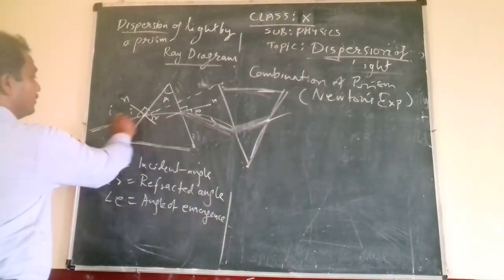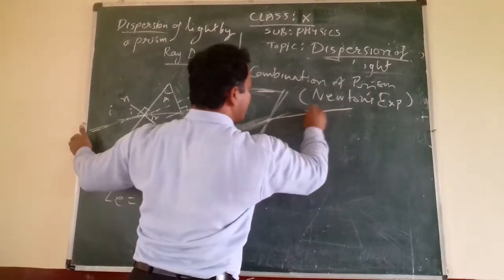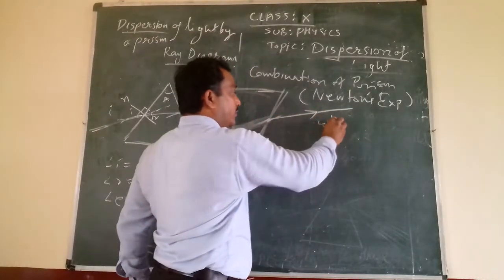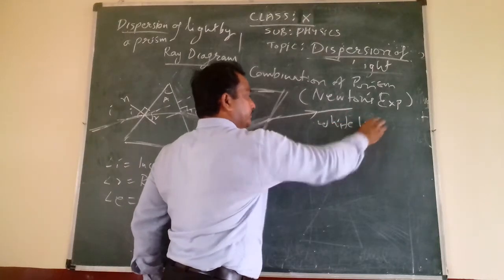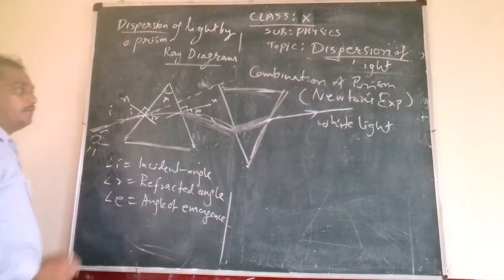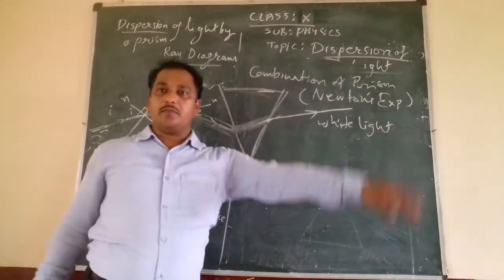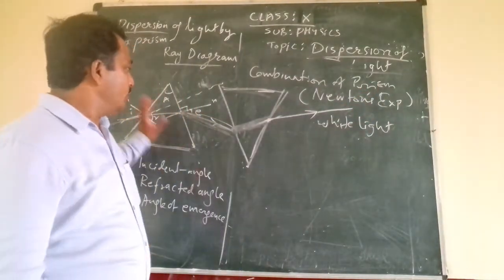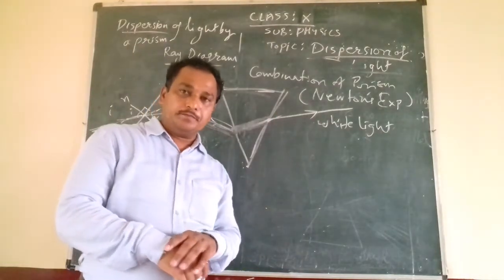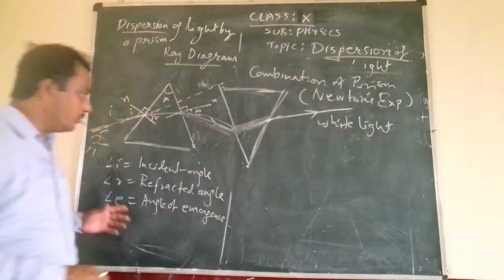It will become parallel to the original ray. We will again get white light, like the sunlight which is entering from here. By the combination of prisms, we get back the same light. So you must practice the ray diagram and remember Newton's experiment. Hope it is clear to you. Revise it.